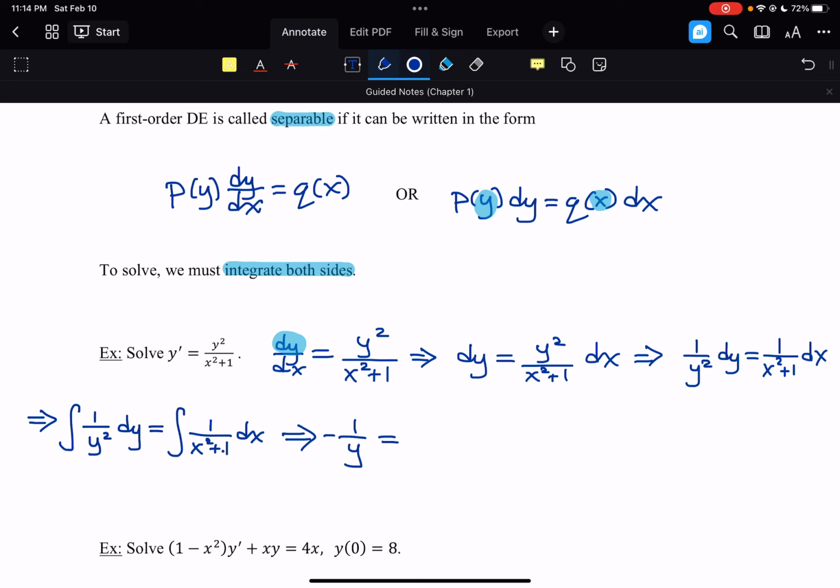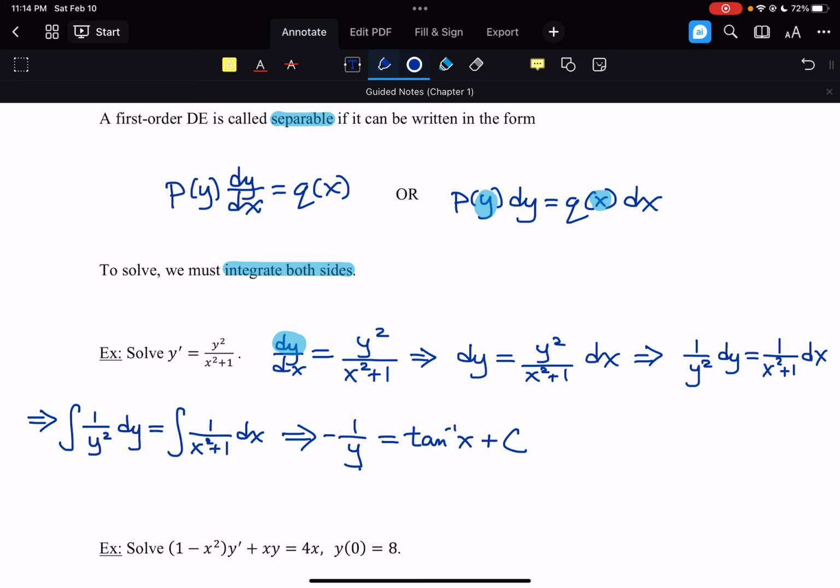The antiderivative of 1 over x squared plus 1 is the inverse tangent of x. Now, both of these are indefinite integrals, so theoretically they would both need an arbitrary constant, a plus c. But because they're part of the same equation, we could just consider that they were all put onto one side together. So we can just include a plus c on the right-hand side. Because it's arbitrary, it would all turn out the same way anyways.